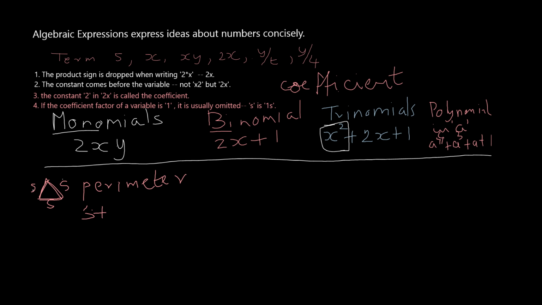When simplifying this, let me recall that when the coefficient is 1, it is usually omitted. So this would be 1s plus 1s plus 1s, and therefore I can write it as 3s. So that is the perimeter.